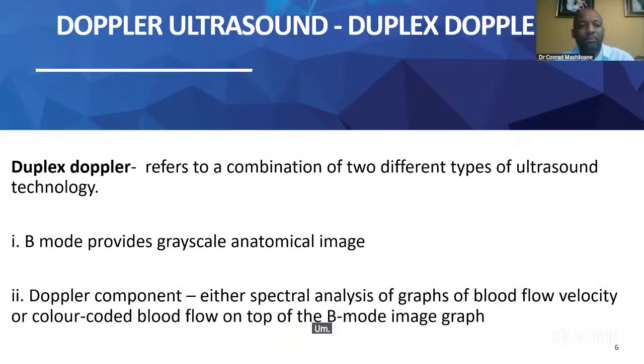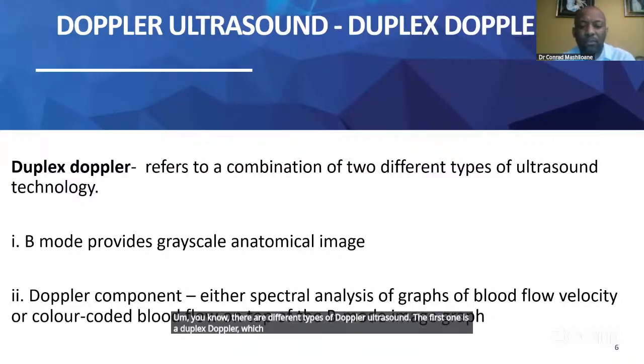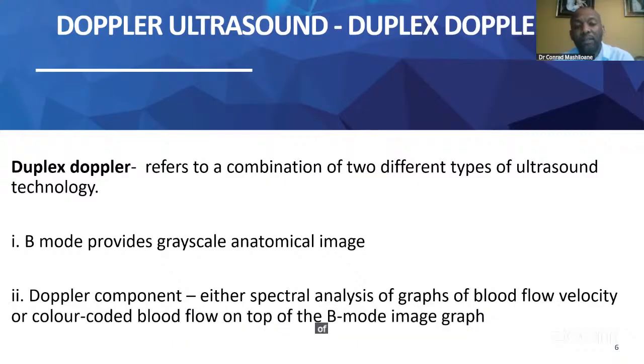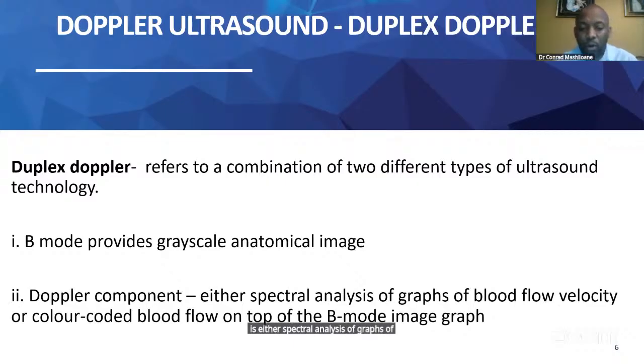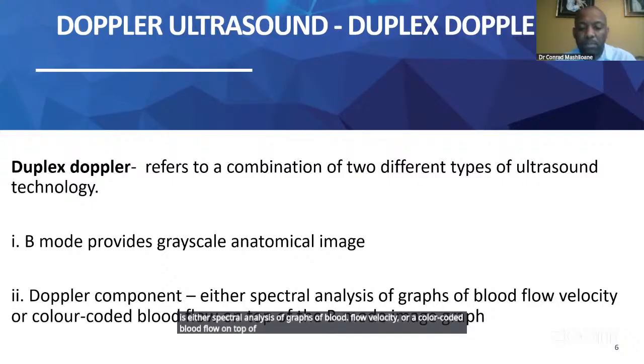The different types of Doppler ultrasound. The first one is a duplex Doppler, which refers to a combination of two different types of ultrasound technology. There's B mode that provides a grayscale anatomic image, and there's a Doppler component, which is either spectral analysis graphs of blood flow velocity or a color-coded blood flow on top of the B mode image.